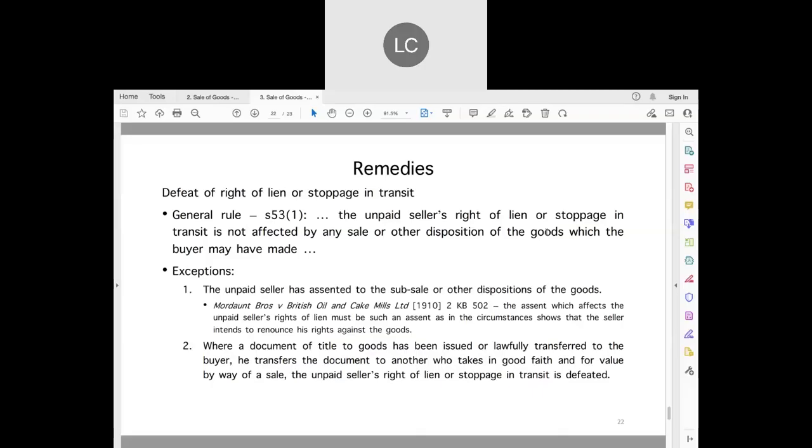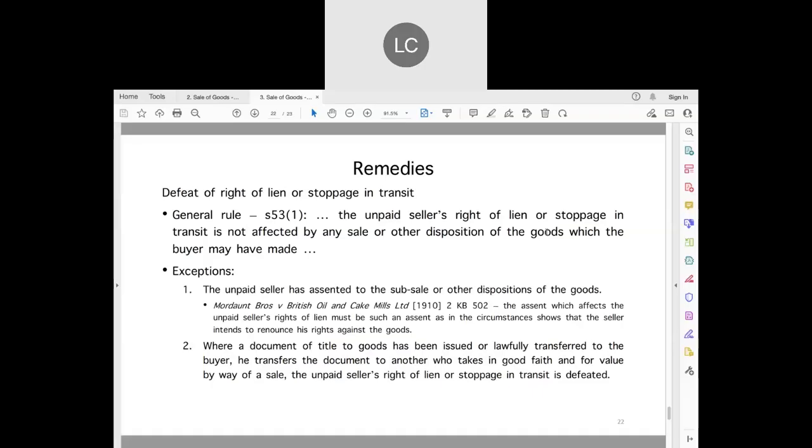So the general rule is that the unpaid seller's right of lien or stoppage is not affected by any sale or other disposition of the goods which the buyer may have made. So for example, if the goods are in fact sold by the buyer, the unpaid seller may continue to exercise his right of lien or stoppage in transit.